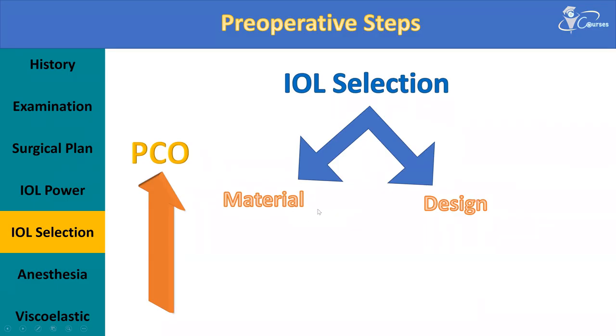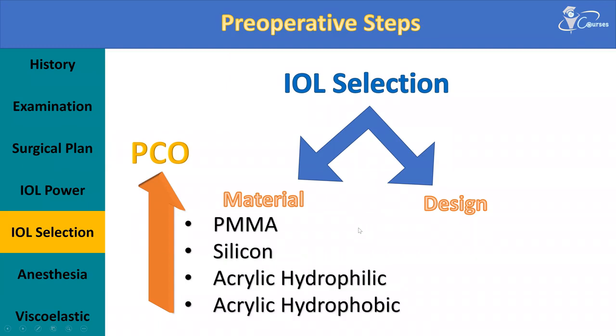So what are the different materials that we can use for IOL manufacturing? They are polymethyl methacrylate, silicone, acrylic hydrophilic, and acrylic hydrophobic.